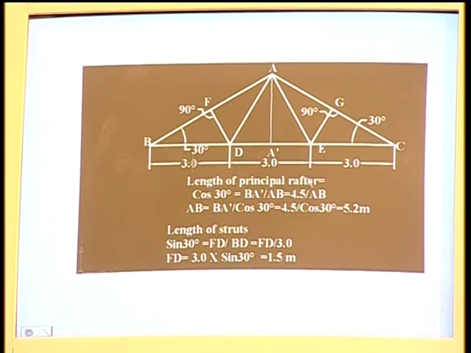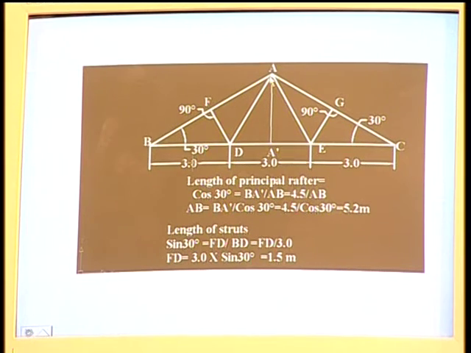Now the length of the principal rafter. If you take the triangle A'B, cos 30 degrees is equal to BA' divided by AB, which is 4.5 divided by AB. So AB is equal to BA' by cos 30 degrees, which is 4.5 divided by cos 30, 5.2 meters. So 5.2 meters is the length of the principal rafter.